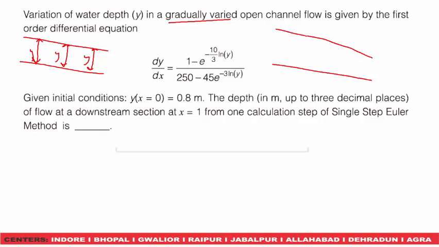So suppose this is x equal to 0 and this is x equal to 1. Here it is given to us the depth at x equal to 0, that is y equal to 0.8, and here we have to find out the depth at x equal to 1. So let it be y1 and this will be y2.